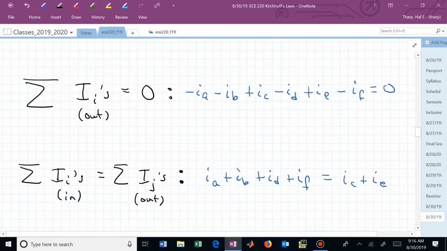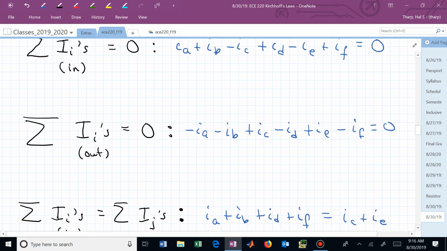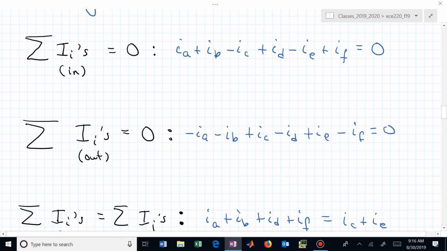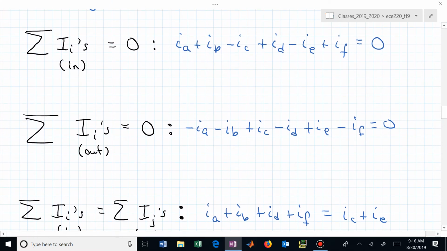And now you could relate the extreme equations, the equation on the top of the screen and the equation on the bottom of the screen, by algebra. You could add I sub C and I sub E to both sides of the top equation, and you'll end up with the bottom equation. Algebra.